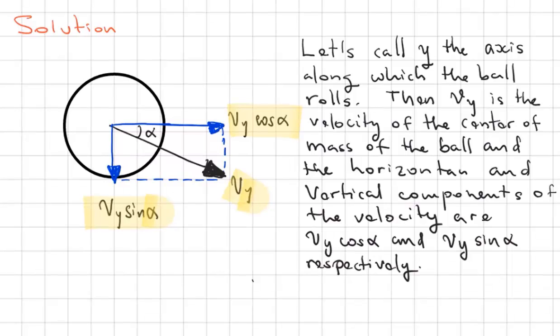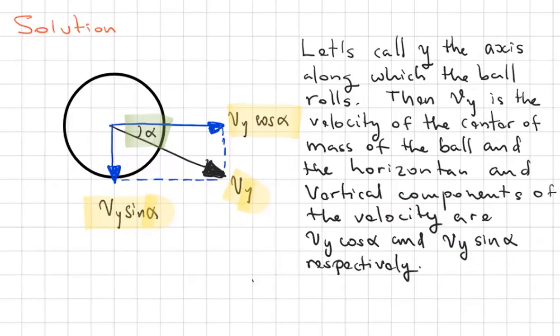This angle alpha is the angle of the inclination of the wedge, right? This angle is an alternate interior angle with the angle alpha of the inclination of the wedge.